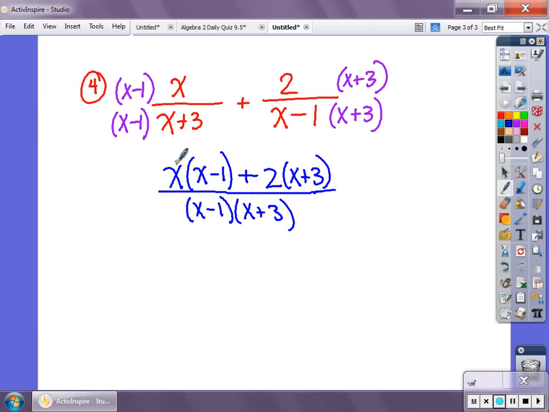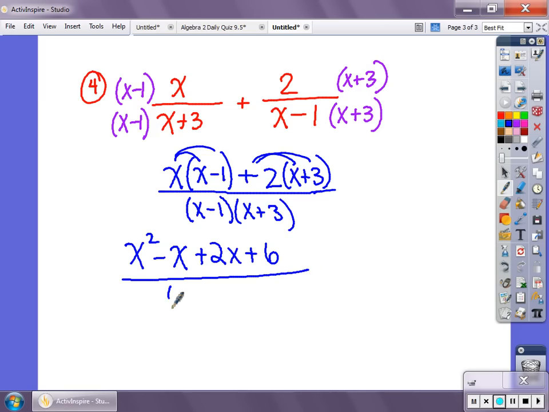Now what we're going to do is distribute. And so we have x squared minus x. This is x squared, that's minus x. It's a positive 2 that we're distributing, so plus 2x plus 6 all over x minus 1, x plus 3.